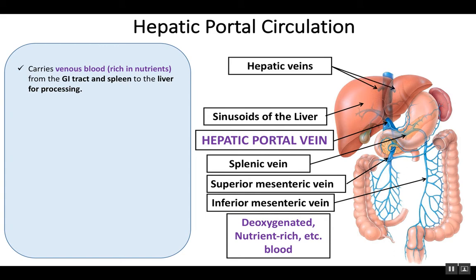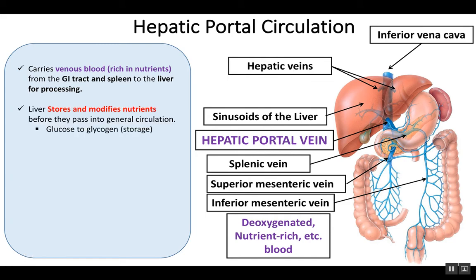Once this blood has been processed, it can leave the liver, and blood leaves the liver in what's known as the hepatic veins, which then go to the inferior vena cava. So notice there is a major difference between the hepatic portal vein and the hepatic veins.